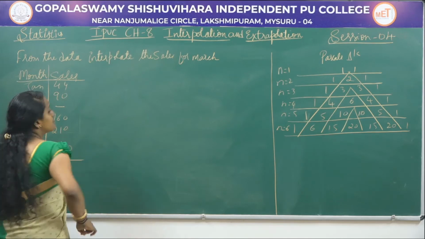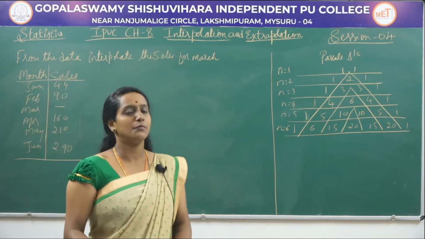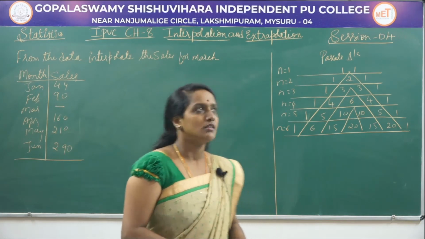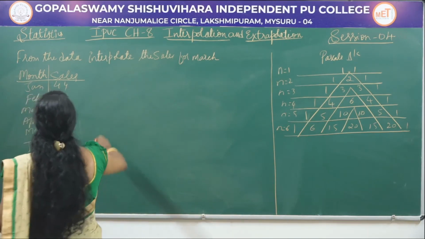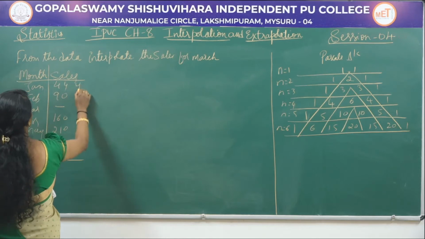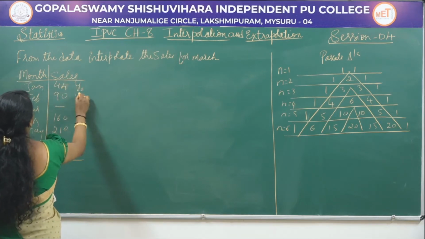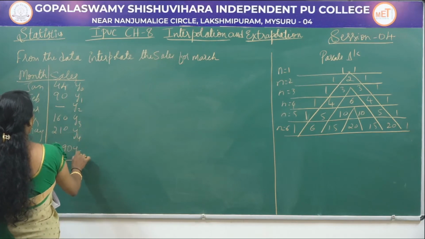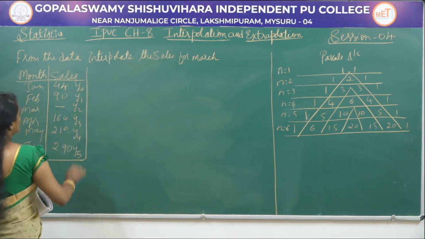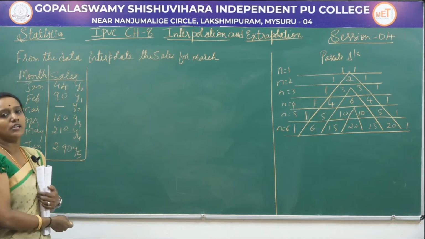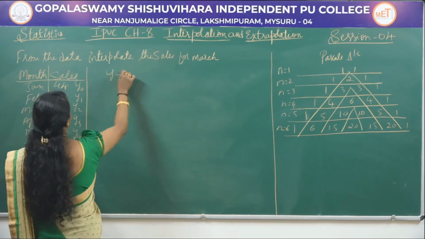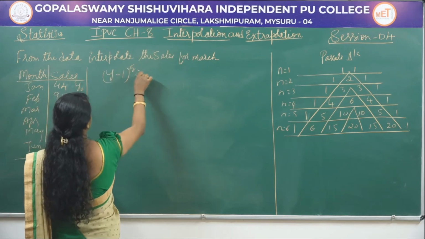First we will denote these values with y. So this will be y0, y1, y2, y3, y4 and y5. After taking y5, the n value is 5. So we have to expand (y minus 1) to the power 5 is equal to 0.